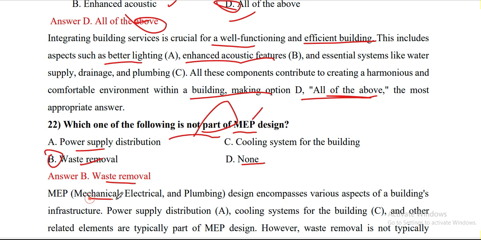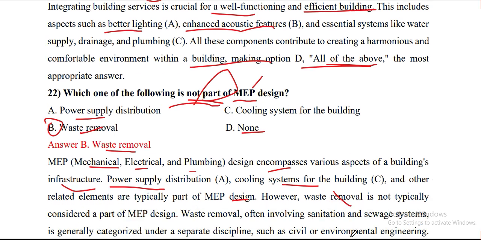Mechanical, electrical, and plumbing design encompasses various aspects of building infrastructure. Power supply distribution, option A, and cooling systems for the building are typically parts of mechanical, electrical, plumbing designs. However, waste removal is not part of these sections.